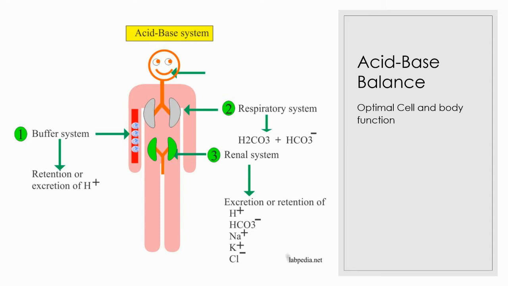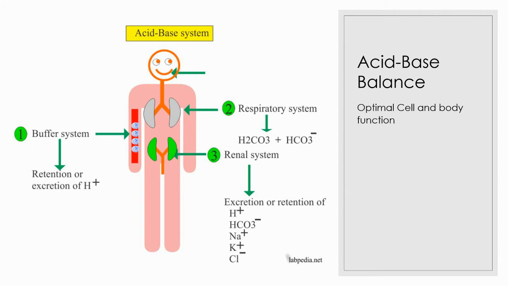So let's begin the discussion talking about acid-base balance. Maintaining pH within a normal range is very important for optimal cell function. As you see in this picture, the acid-base system comprises three primary elements, including the buffer system, the respiratory system, and the renal system.